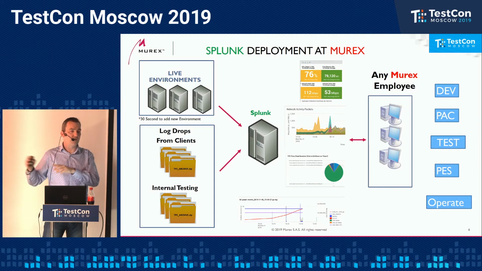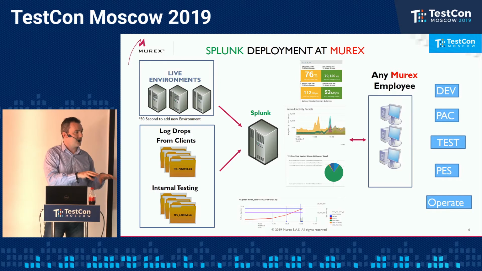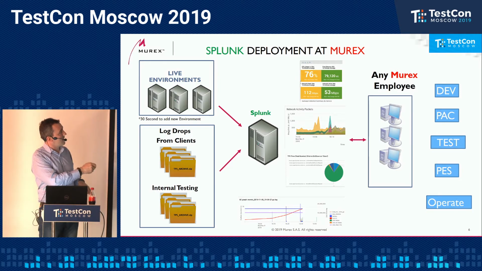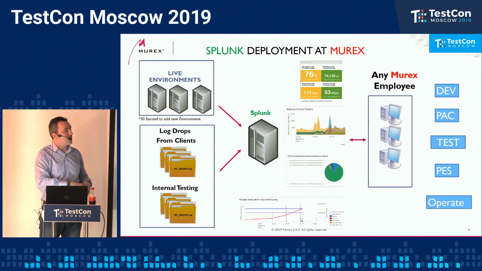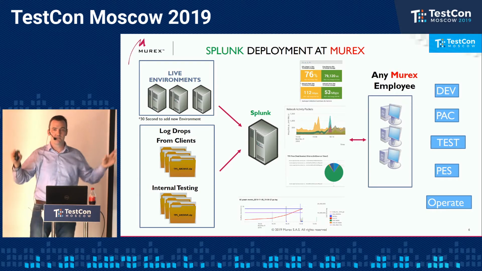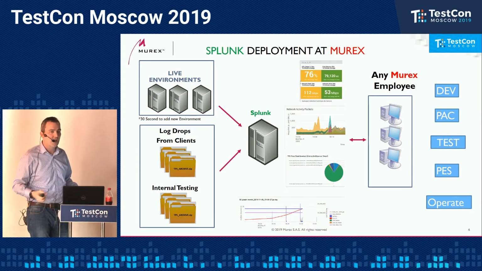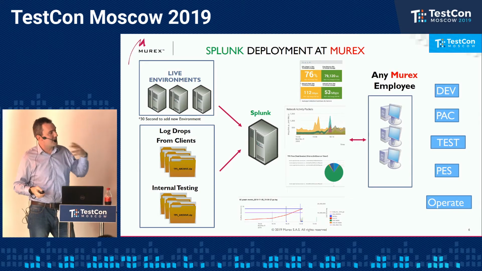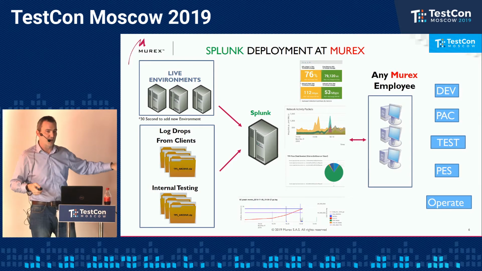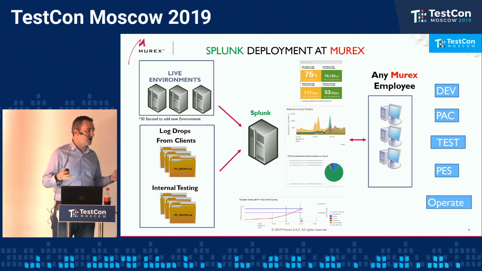So you have testers, you have developers, and all the data is going from the live environment into Splunk, and everyone is now seeing this data easily, quickly. It's a fully open system. So the idea is no more Notepad++, and to make a system that's open.